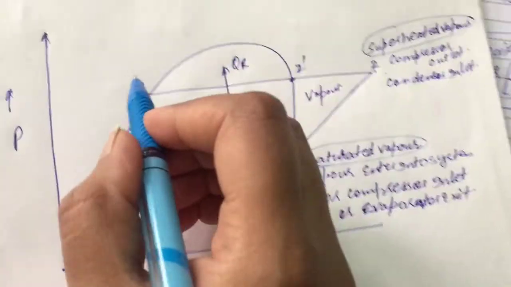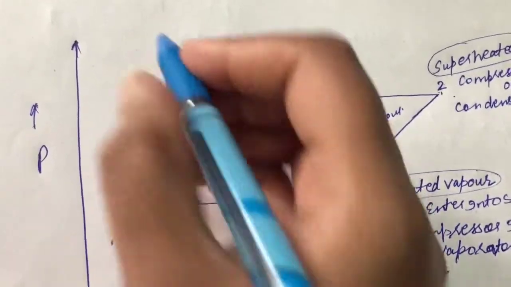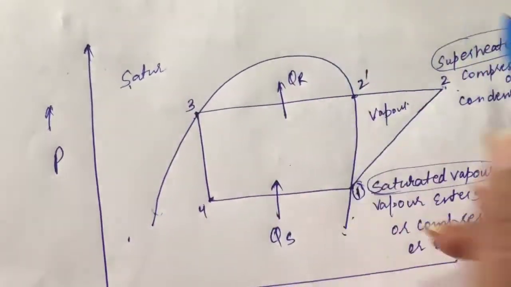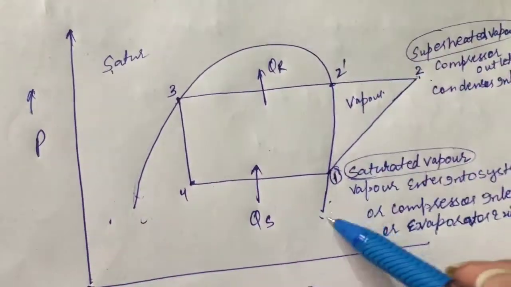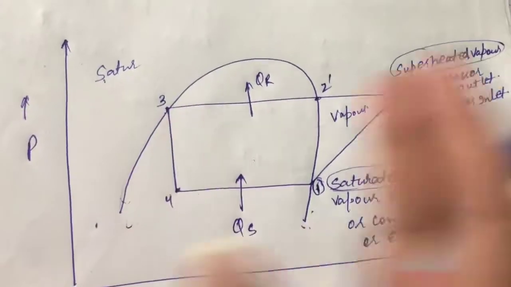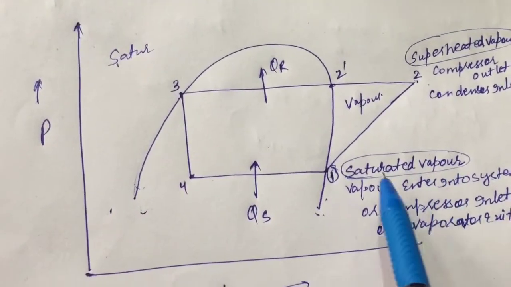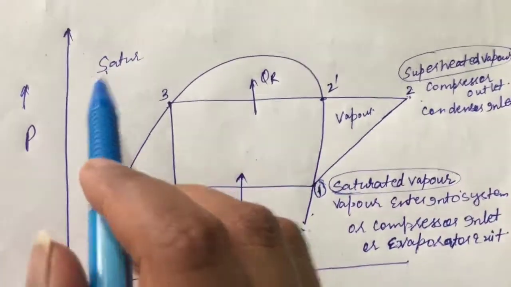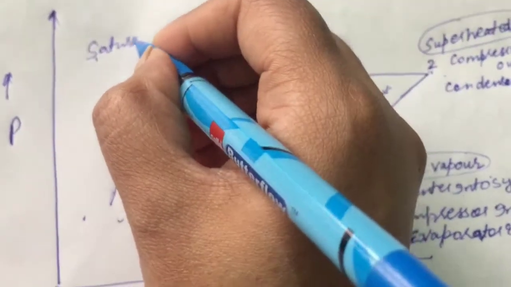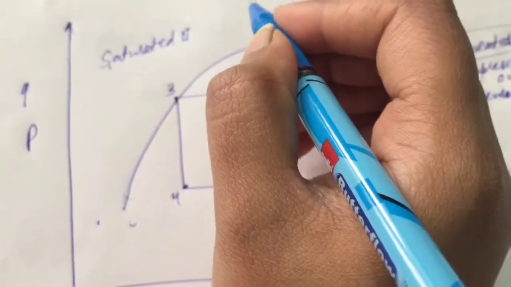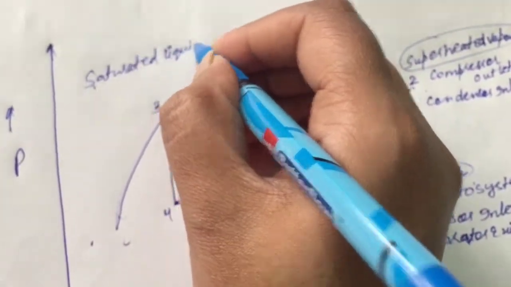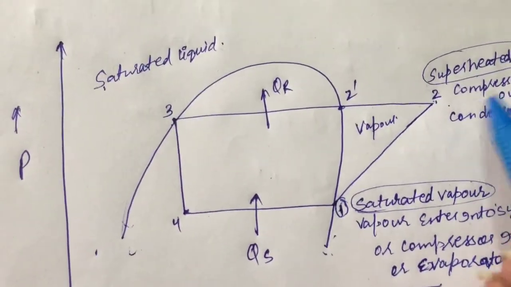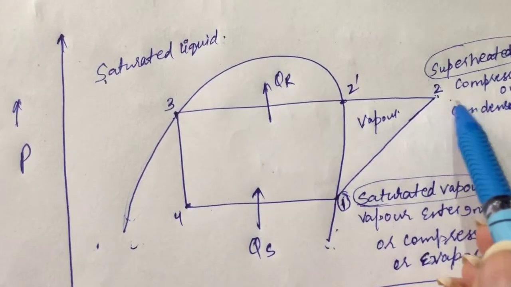Now at point 3, saturated liquid is present at this part of the curve. This is basically our curve, and it is divided into different parts. In this part saturated vapor is present, here superheated vapor, and here saturated liquid is present.